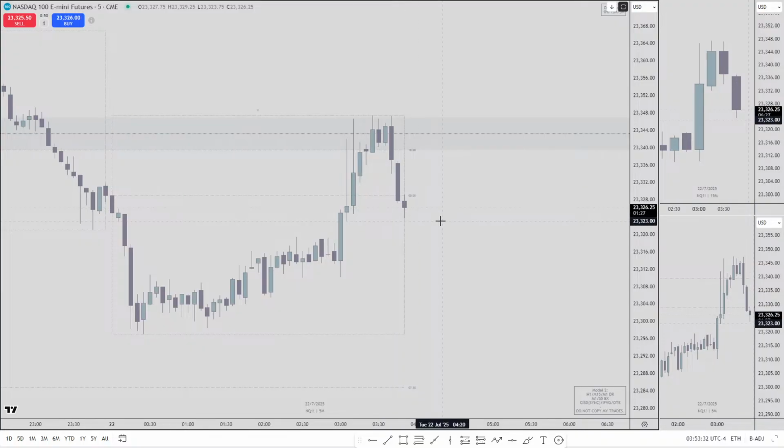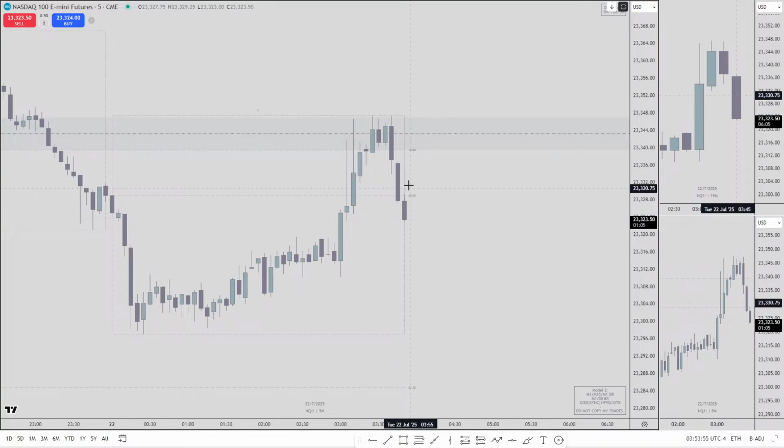Okay, but we have conflicting order flow on the different time frames. On the 15 it looks like it's bullish. On the hourly we're still in a bearish order flow, and then on the 5 minutes it's bearish. So this is where the tricky part comes.